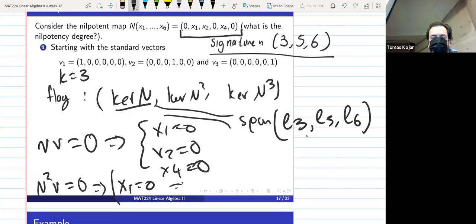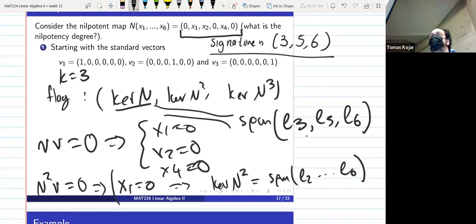So the kernel of N squared is the span of e2 to e6. So that's how you get the 5, and then we know the nilpotency is 6, so everybody dies at 6. So that's your signature.